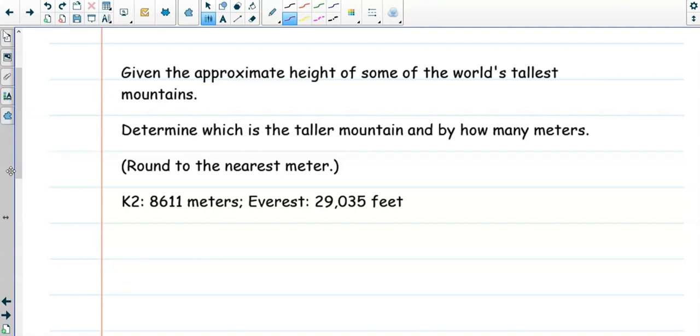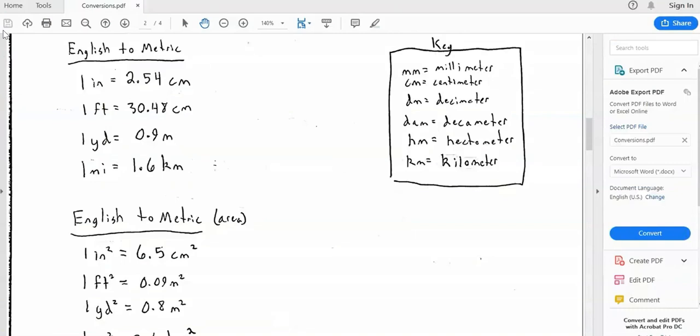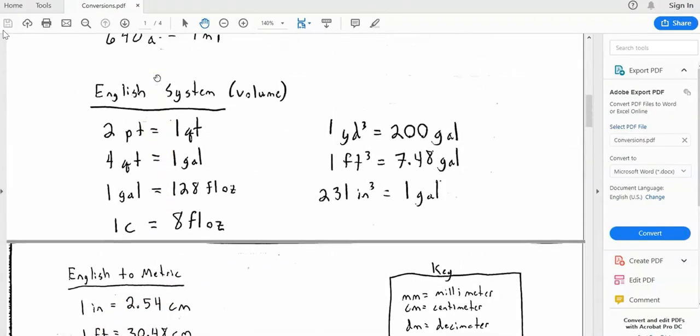Because these are in two different measurements, we need to do some converting. Now, if we go into our table over here, we have ways that we can convert from feet to meters.